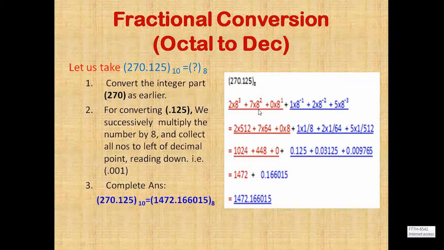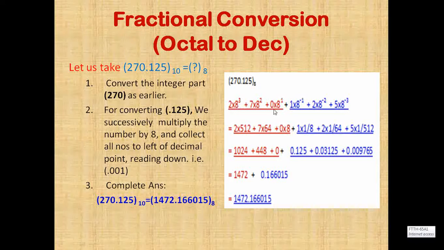Before the decimal point, the first 8 will have its power as 1, then the second will have 2 and the third will have 3. So we'll keep on increasing them by 1. Similarly, after the decimal point, the first 8 will have its power as -1, then the next will have its power -2, and then the next will have -3.